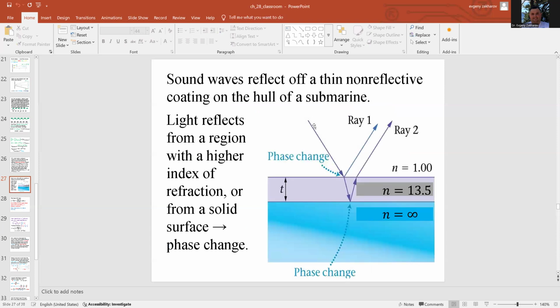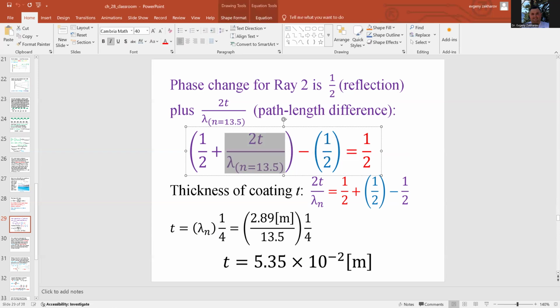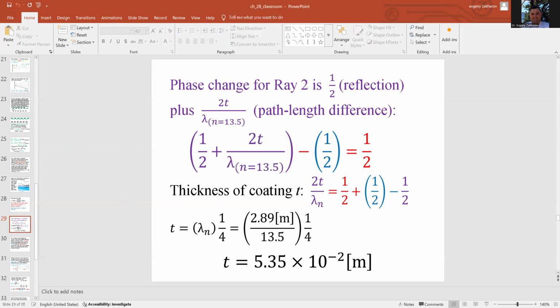So every time you go from a lower index of refraction towards a higher index of refraction, there is a phase change, and you have to add 1/2. Every time you're traveling through a certain material, that's the formula to do the calculations. Be careful, it's 2t. Why is it 2t?